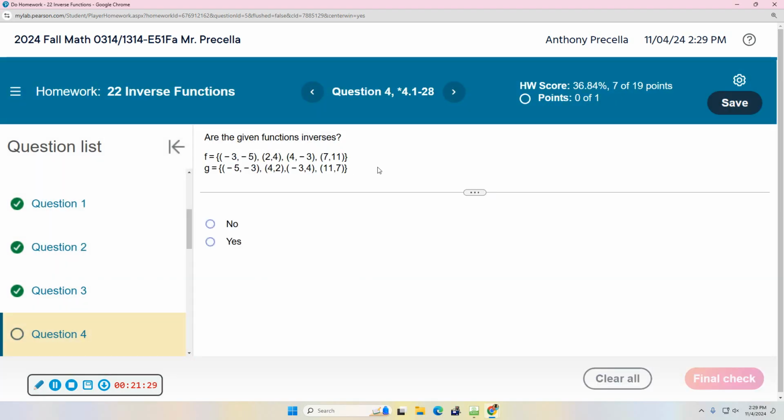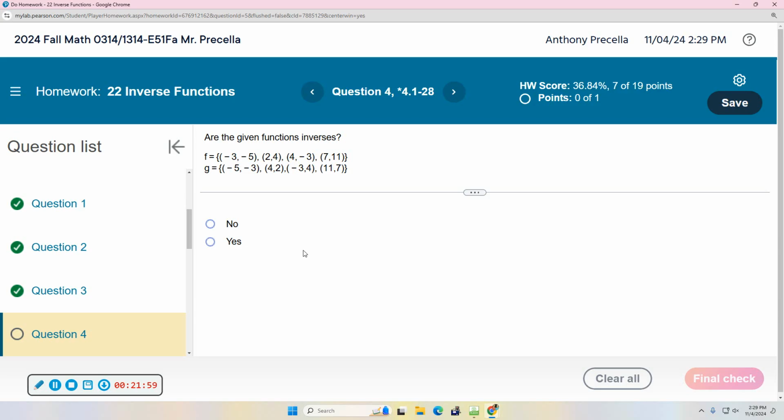Okay, are these functions inverses? Well, a cursory glance, -3, -5 became -5, -3. That looks okay. What about 2, 4? What did it become? 4, 2, that's okay. What about 4, -3? It became -3, 4. What about this last ordered pair? What do y'all think? Are they inverses or not?